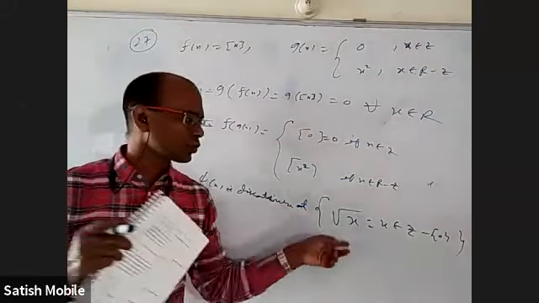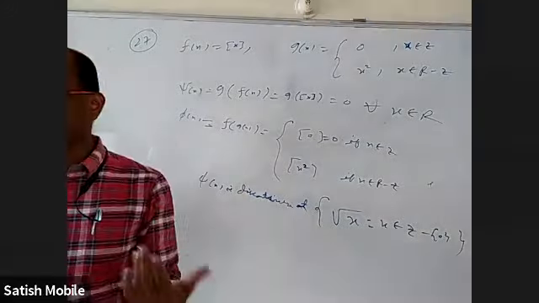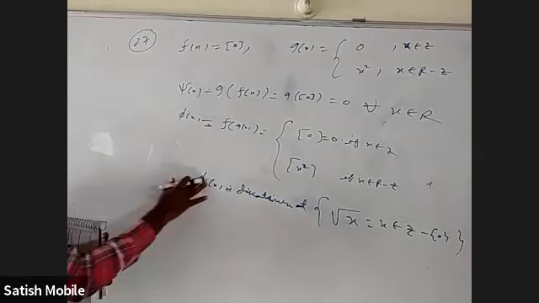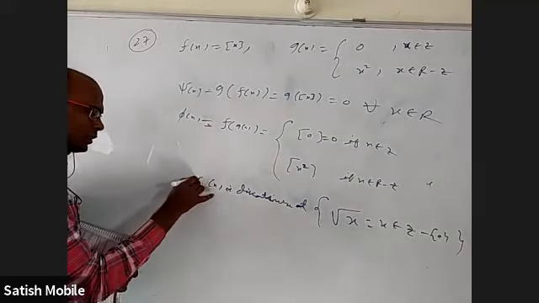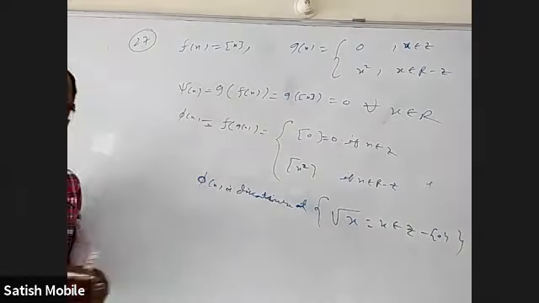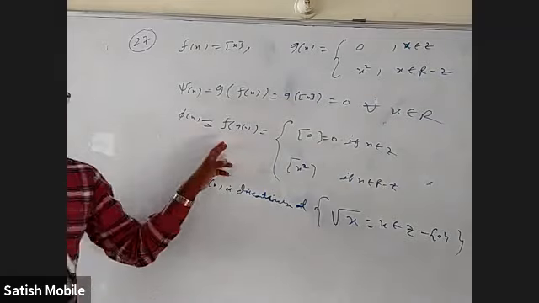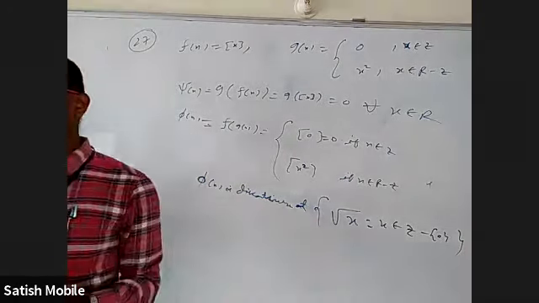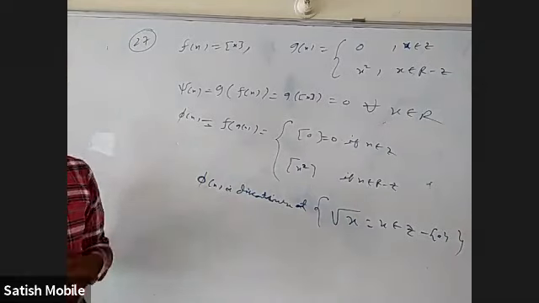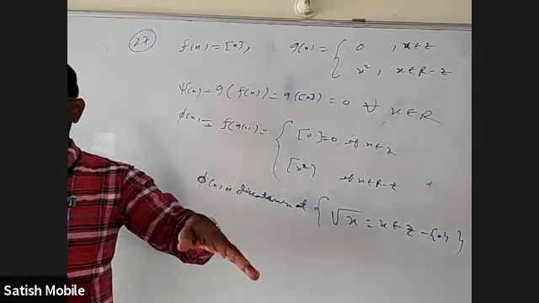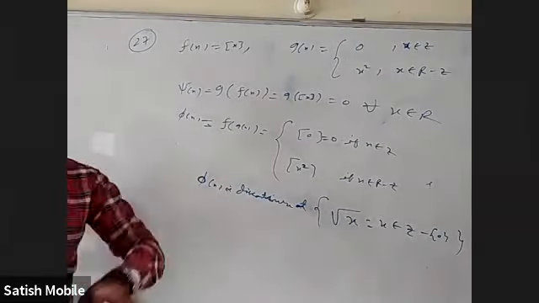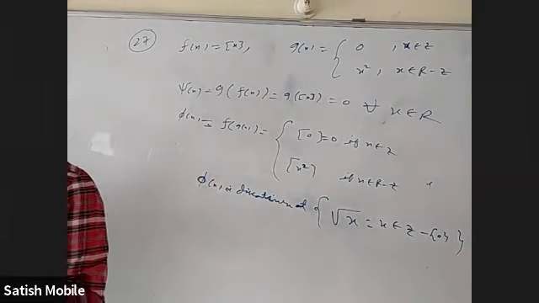It is discontinuous at root 1, root 2, root 3, root 4, root 5, root 6. This is phi of x. So this function is discontinuous at many places which are square roots of integers. So final option is psi is continuous everywhere, but phi is continuous at some places, discontinuous at some places. So I cannot say it is continuous. It is not continuous.